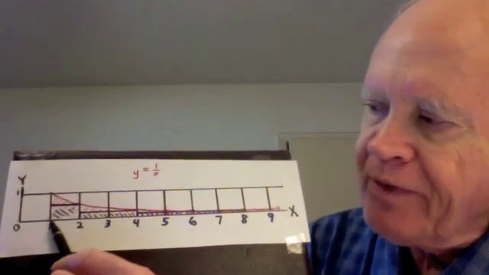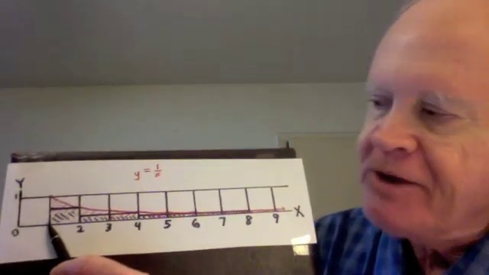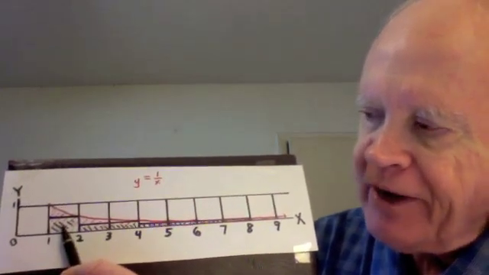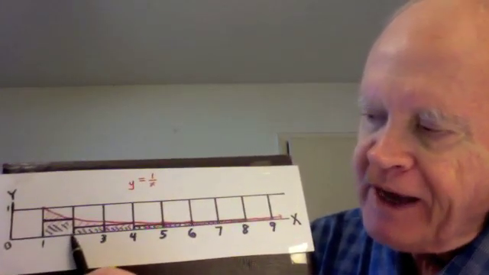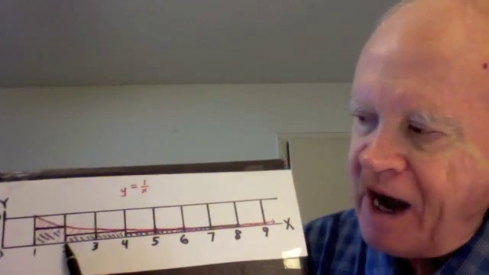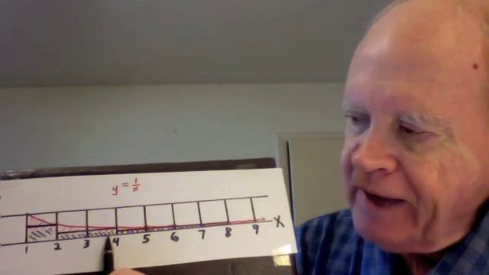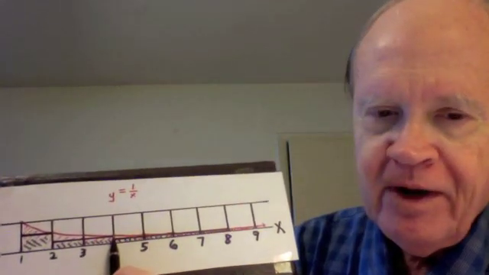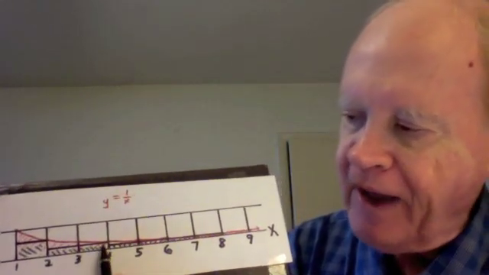I begin with this rectangle that has dimensions 1 by 1/2. That's an area of 1/2. The next one is twice as long but only half as high. Length of 2, height 1/4. That also has an area of 1/2.